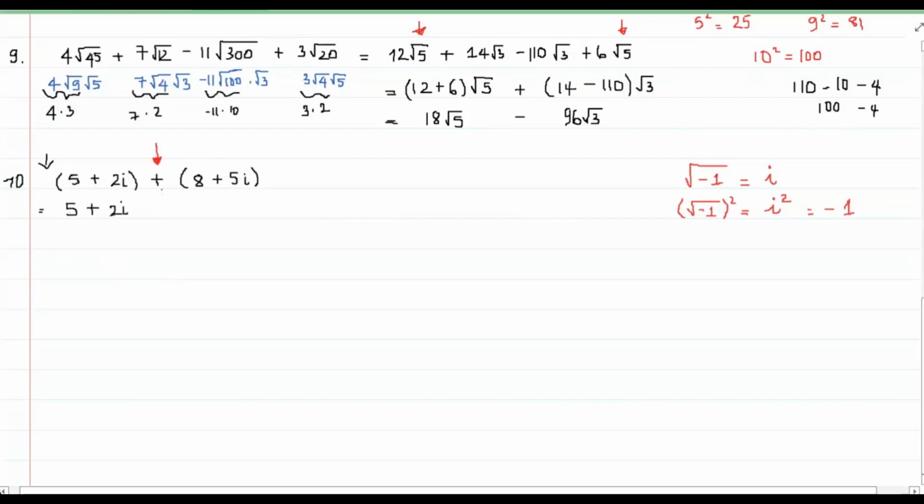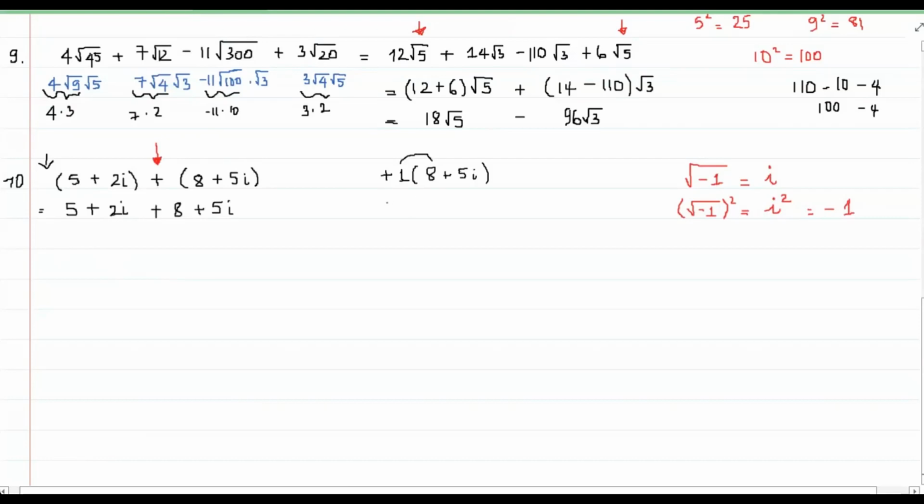Now the plus sign right here, the positive sign, when we distribute, it looks like the positive 1 in front of the parentheses. So whenever we distribute inside the parentheses, it will be the same. So it will be positive 8 plus positive 5i. Here, plus 1 multiplied by 8 plus 5i.